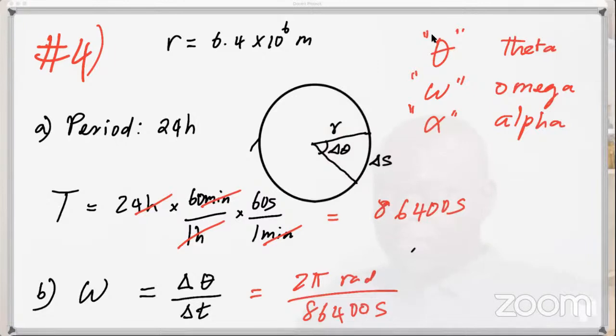If you work this out, you should get 7.3 times 10 to the minus 5 radians per second. Please confirm if you got that. Yeah, that's what I got. Okay, 7.3 times 10 to the minus 5.